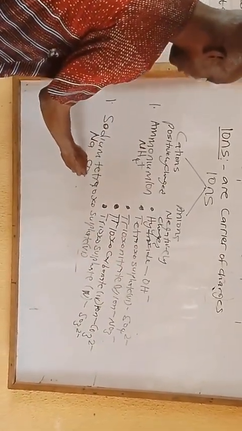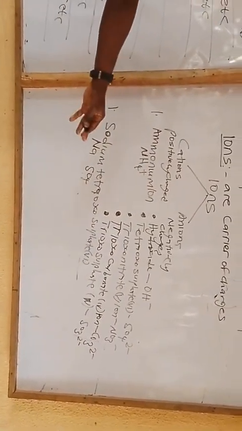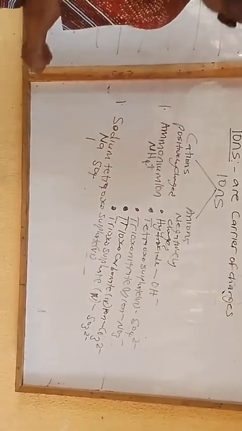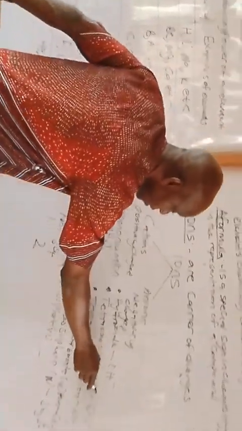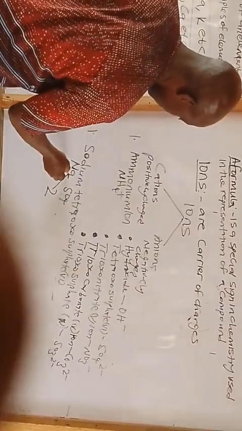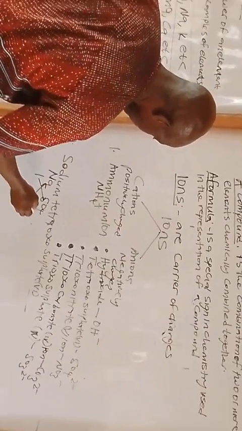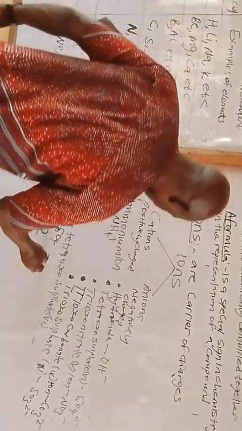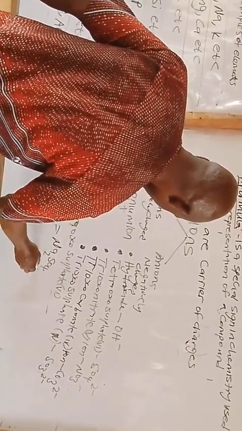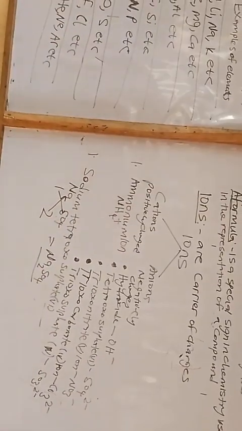So it will be formed between Na and SO4, SO4 as a group, not as a single element. Is that okay? Sodium is 1 from the periodic table. SO4 is 2 from the valency, from the number of charges it is carrying. So at the end of the day, 2 for SO4 will go to sodium, 1 for sodium will go to SO4. So we now have Na2SO4.